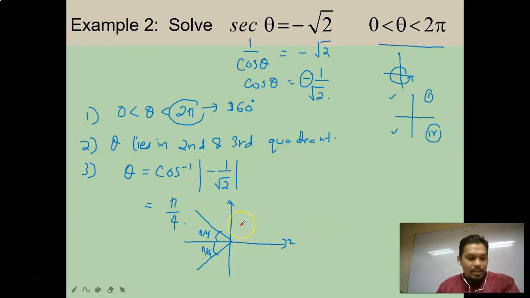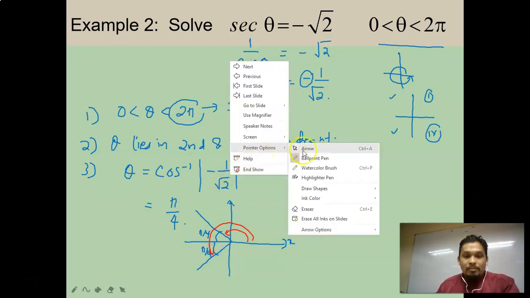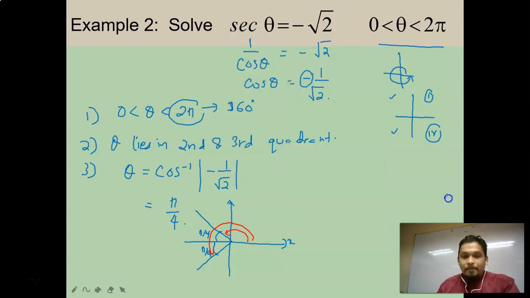By looking at this, we take the line that I made just now, the first red ink arrow here. 180 degrees is considered as pi, and 360 is 2 pi.